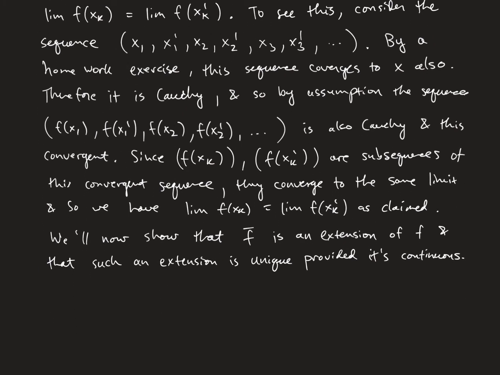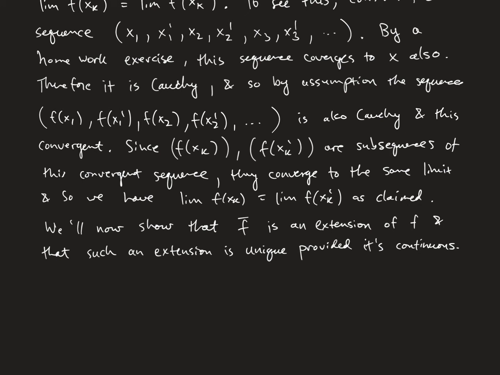Okay, so to see that, we just have to see that f bar of some x, which is in A, is equal to f of x. So if x is in A, take a sequence xk from A such that xk converges to x.